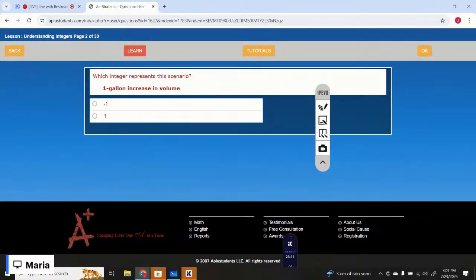Which integer represents this scenario? 1 gallon increase in volume. So 1 gallon increase means positive 1. Option number 2 is the correct option.